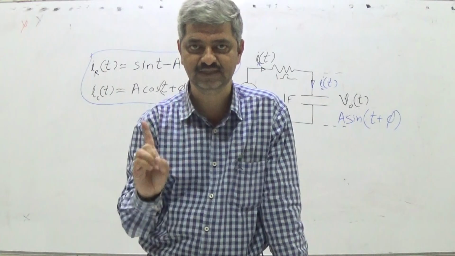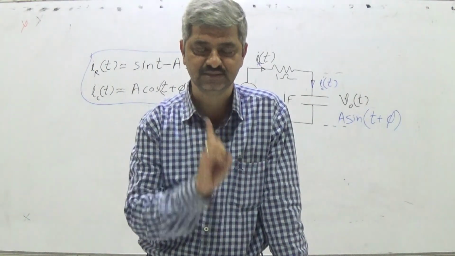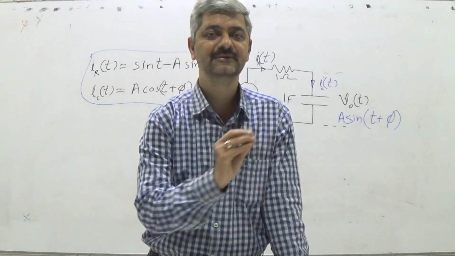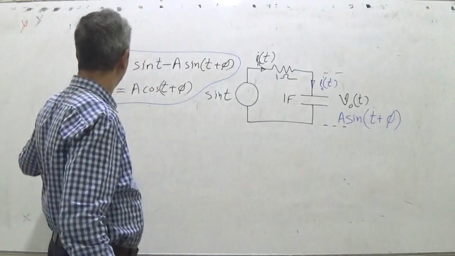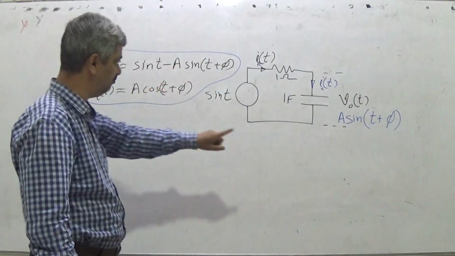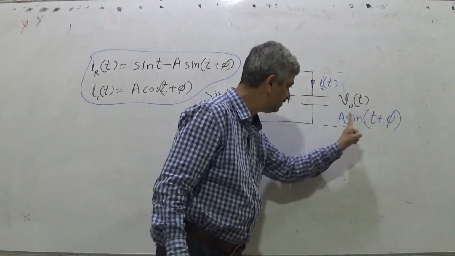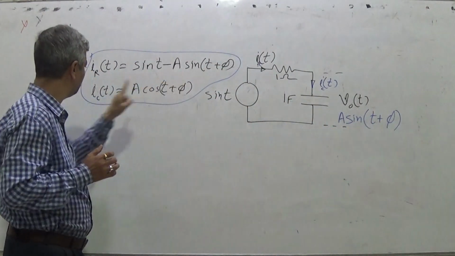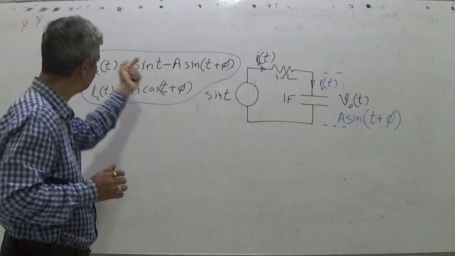Using just this, in a simple way, here I found out IR(t). I have assumed an answer which includes A and phi. I have found out IC(t), and since this is a series circuit both are equal, so I can equate.